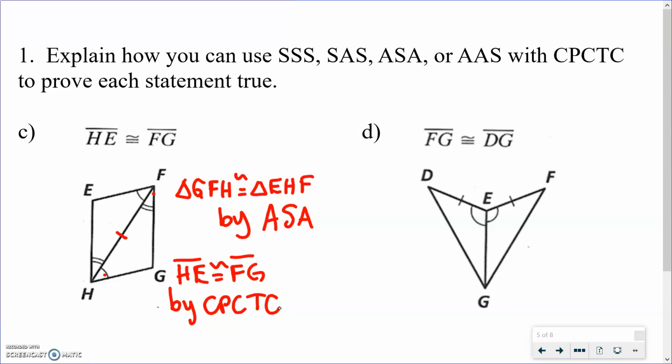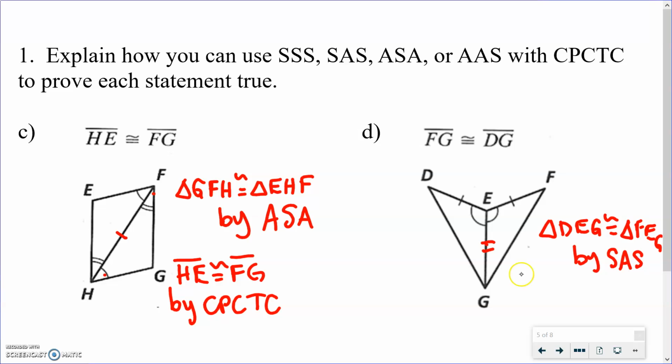Okay, I'm going to do this next one, part D. We have an angle right here in the middle of two sides. So we have side, angle, side, side, angle, side. So we know that triangle BEG is congruent to triangle FEG by side, angle, side.